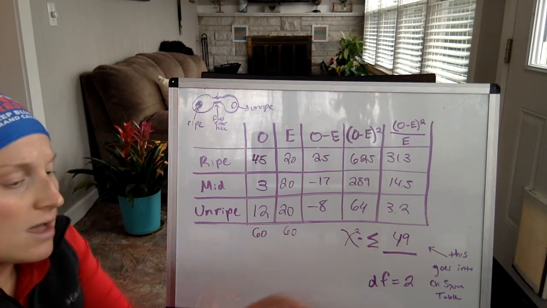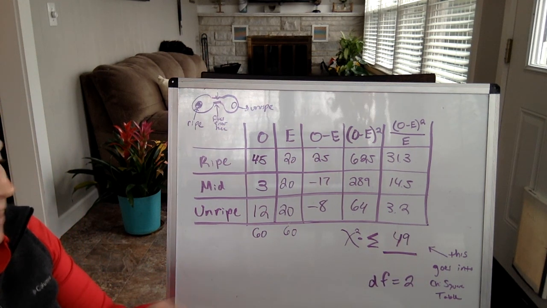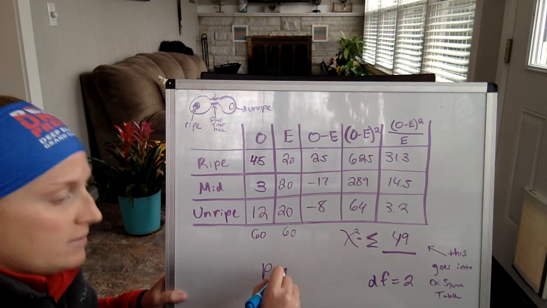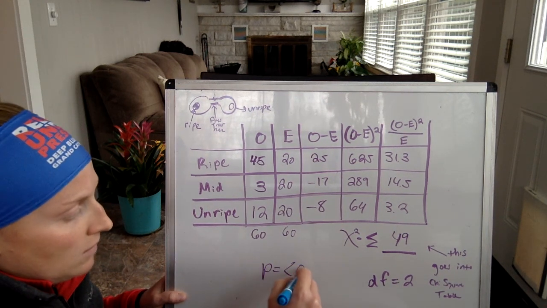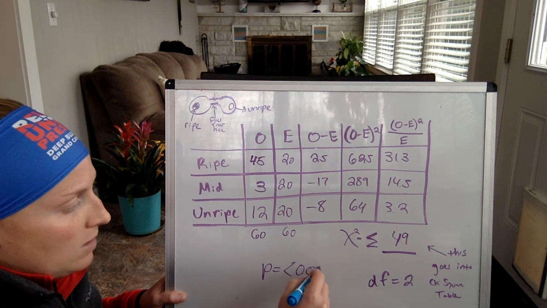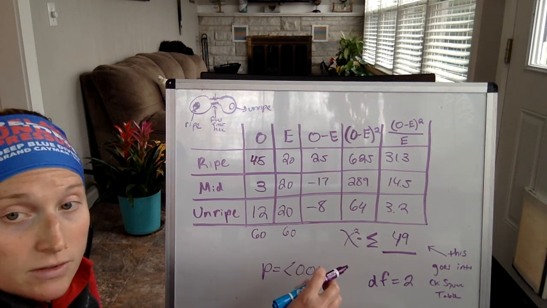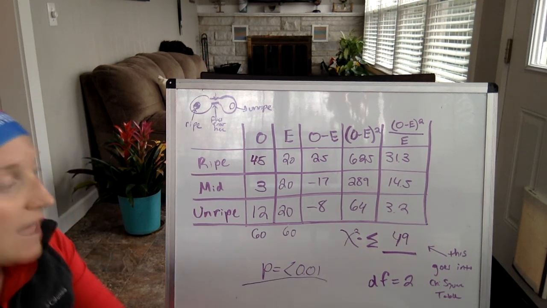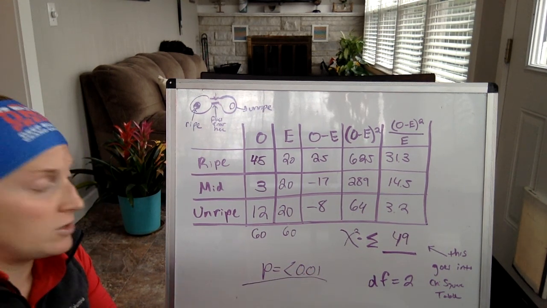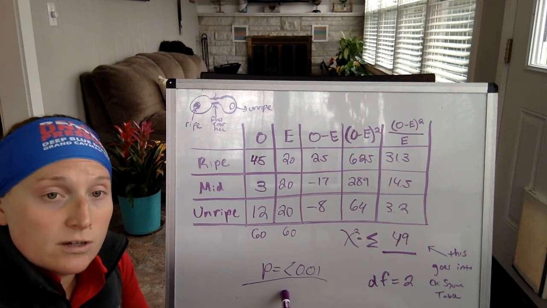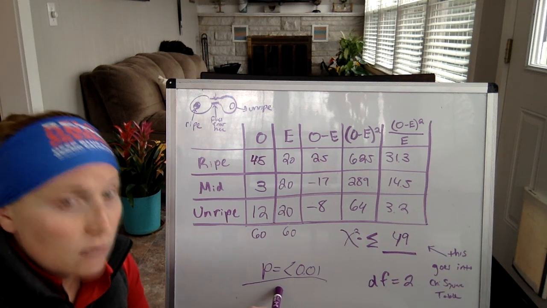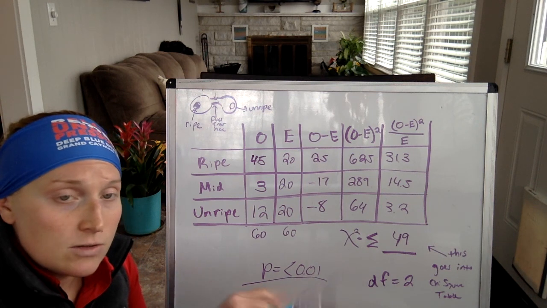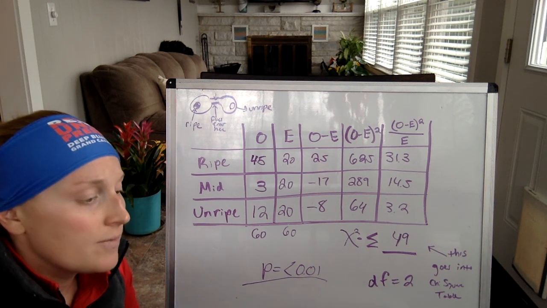And you end up with a p-value that is lower than 0.01. So it's way off the chart. If it's less than 0.05, which ours is way less than, then we can reject our null hypothesis. This is getting into letter D too.